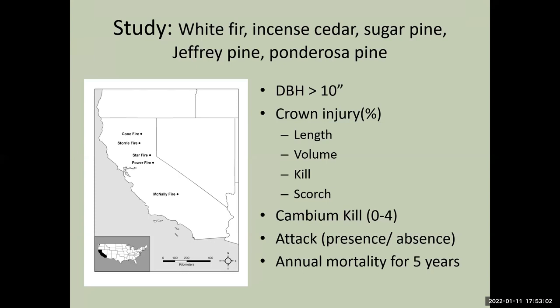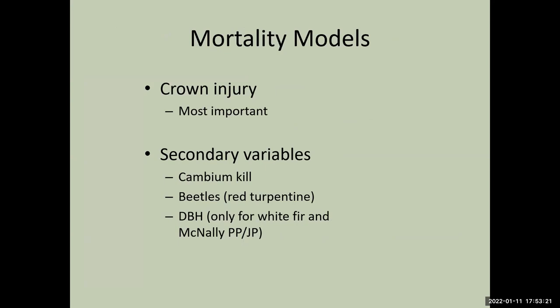And so after we took the initial measurements on these trees after the fire, we followed them annually to document mortality. At the end of 5 years, we were able to run the numbers based on the survivors and the ones that perished in 5 years and compare their fire injuries. And it spit out what we kind of figured: crown injury is by far the most important variable when predicting tree mortality.